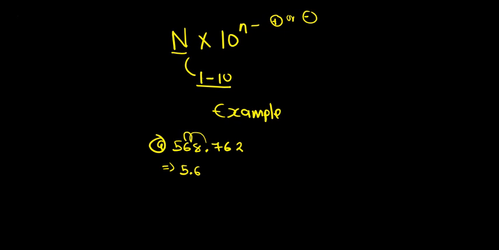So this means that you have 5.68762, then times, how many times have you moved that? It's times 10 to the 2.